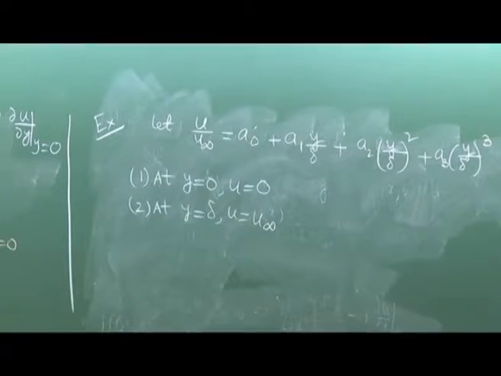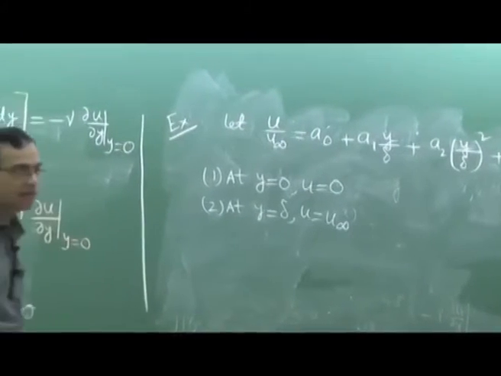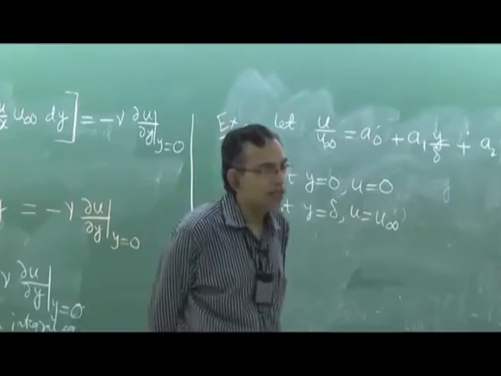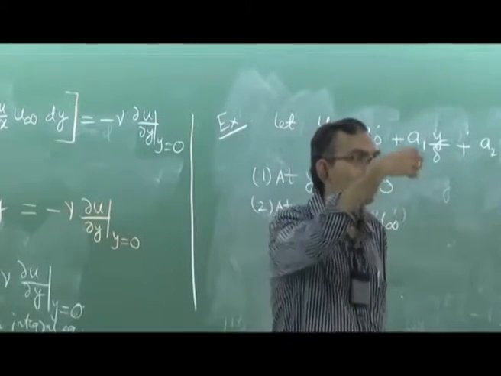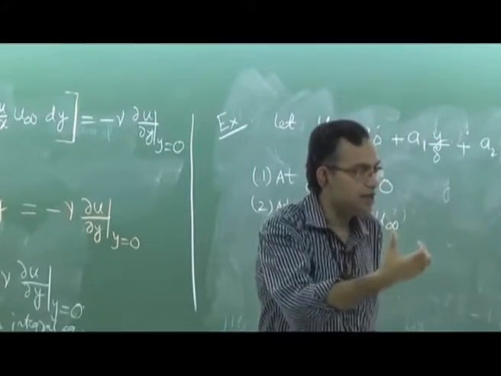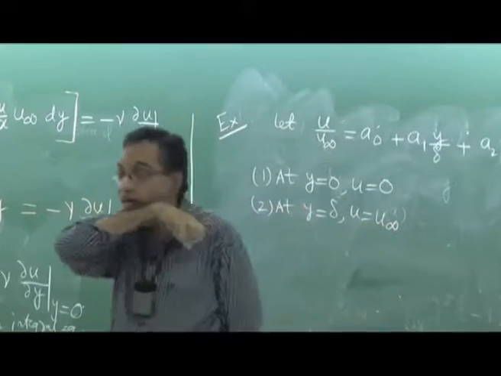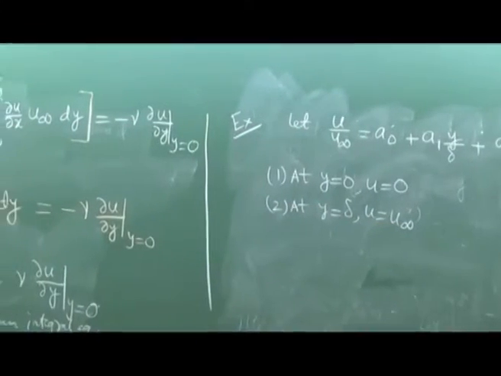Here you have 4 constants, right? Because you have 4 constants, that means you have to put 2 additional constraints. What are the additional constraints that you can put here?